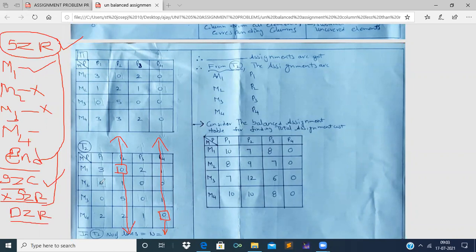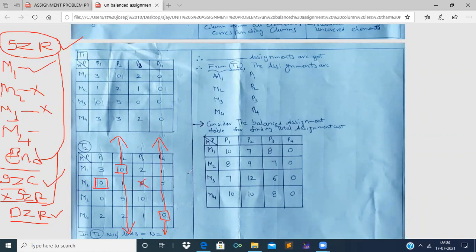It is such a special kind of problem in which we are finding 2 zeros for assignment. So what should we do in this situation? As we are searching for double zero rows, in the first row only 2 elements are left over, that is 3 and 2, and in the second row M2 we find 2 zeros, therefore we give assignment to the first 0, and we strike off the next 0.